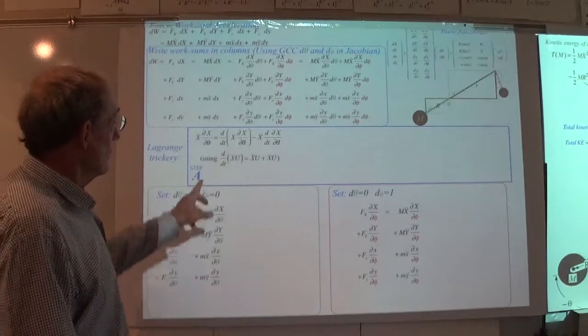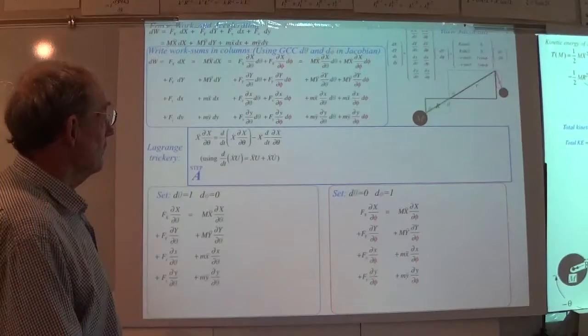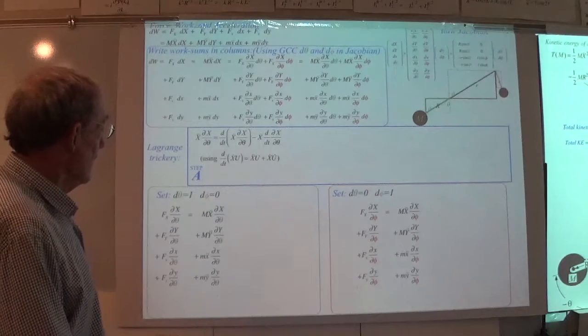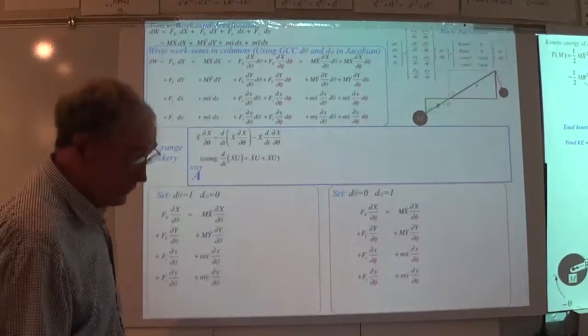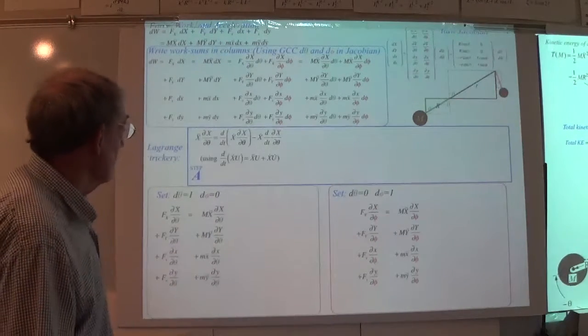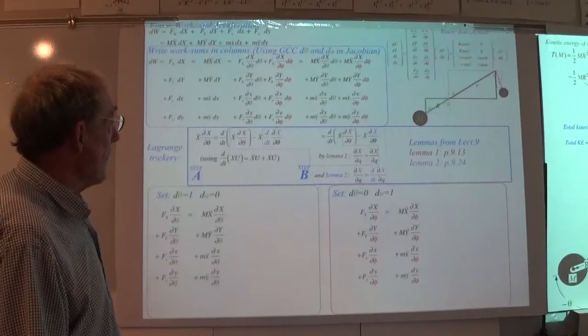Okay? So we're just using the product derivative to rewrite this product of a double derivative and make it so there's only single derivatives in there. That's the Lagrange trickery, if you recall. We did this with polar coordinates.